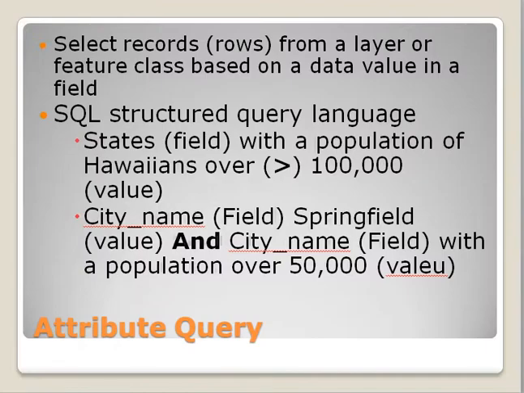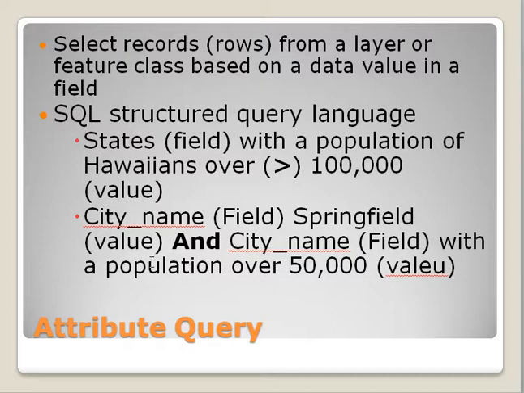So when we do our projects, or this next lab, we're going to be doing some attribute queries, and we did this in the qualitative mapping as well. But we're going to select things based on specific field attributes. So you could select from a feature class called states, and you're looking at the population field for states with a population of over 100,000.